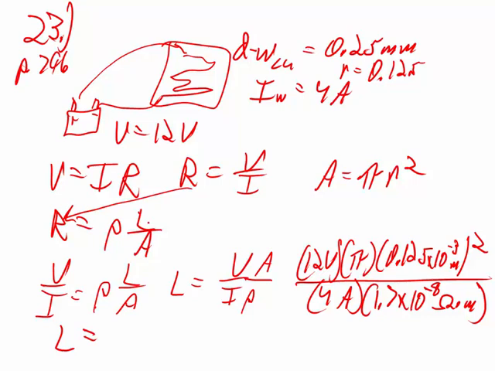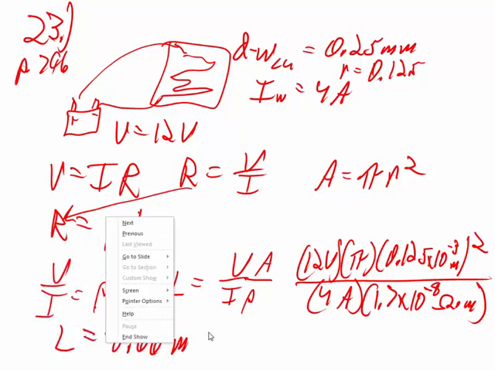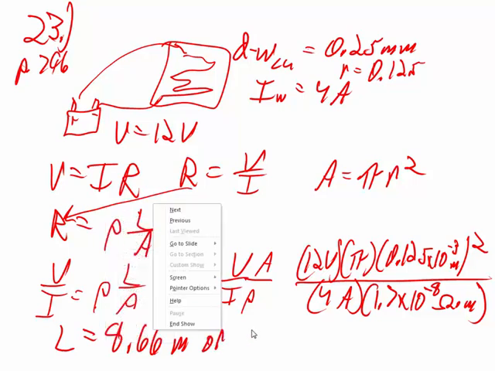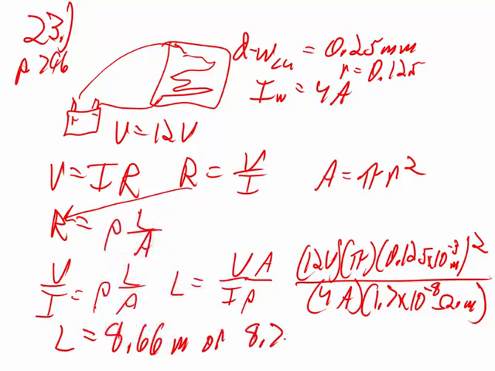I put all that in parentheses, and we get 8.66 meters, or you could just round it and say 8.7 meters. There we go, that's the length of the wire.